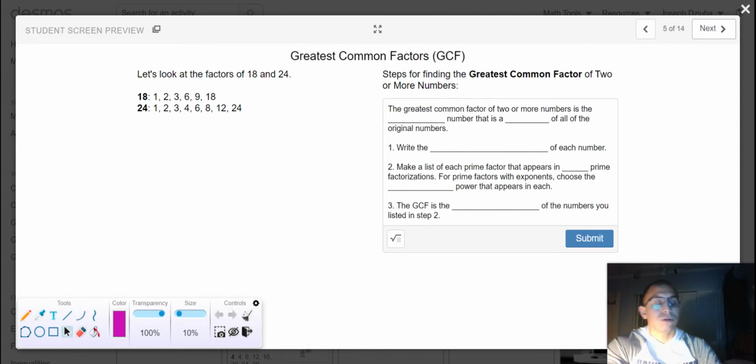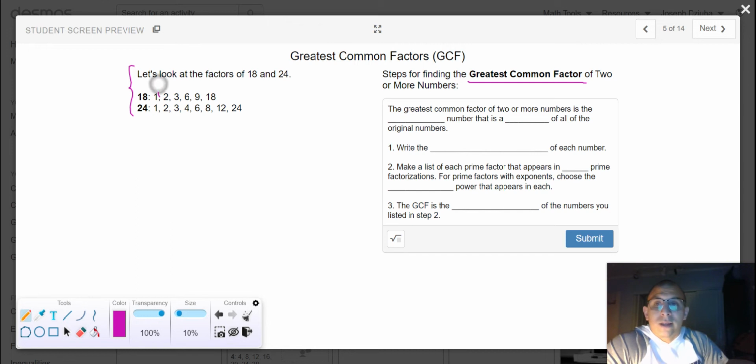Now, why is it important for us to be able to construct the prime factorization of an abundance of numbers? There is a way for us to use the prime factorization to determine the greatest common factor. So in this instance, we have the numbers 18 and 24. And here are all their factors.